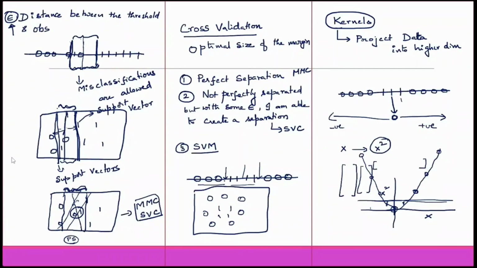Just imagine like this. I'm converting the two-dimensional data into a three-dimensional object, where the ones in the middle, I'm pulling them out. So let's say it becomes a kind of a cone. The ones in the middle are dragged towards the tip of the cone, the top portion, whereas the zeros are lying at the bottom portion of the cone.